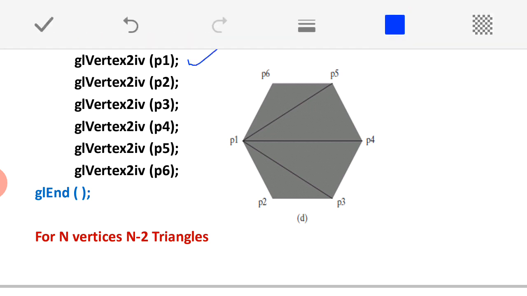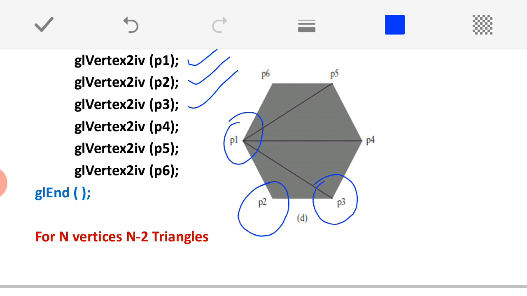Once again, to draw the first triangle I need 3 vertices. What are those? P1, P2, P3. The first triangle comes from these three. From there onwards, for every vertex that I define, P4, automatically P3 to P4 and P1 to P4 get joined. So I get another triangle.